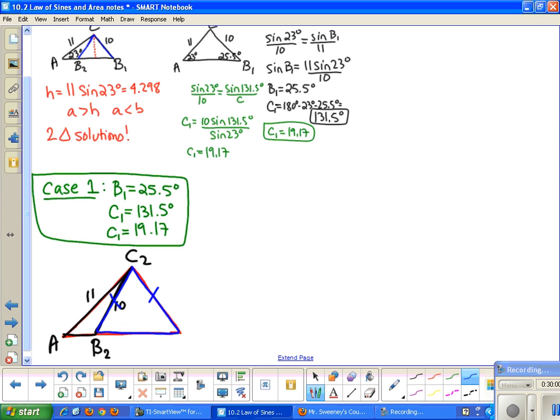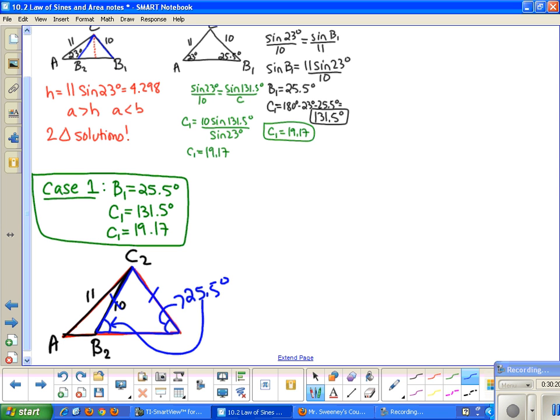Whenever you have an isosceles triangle, that means that this angle and this angle are going to be the same measure. And we already just found what this angle measure was. We just said that was 25.5 degrees. So if I know that's 25.5 degrees, therefore then this angle has to be 25.5 degrees.